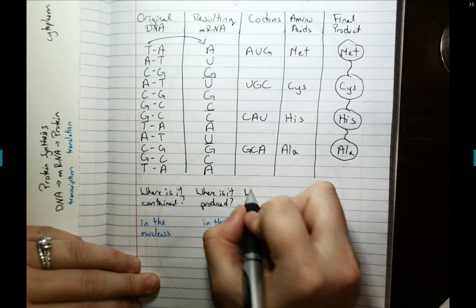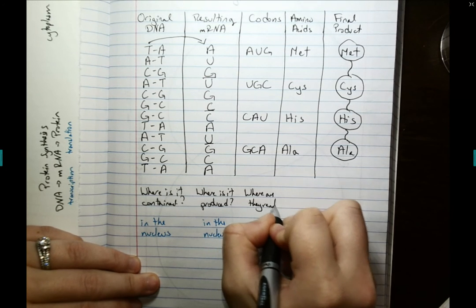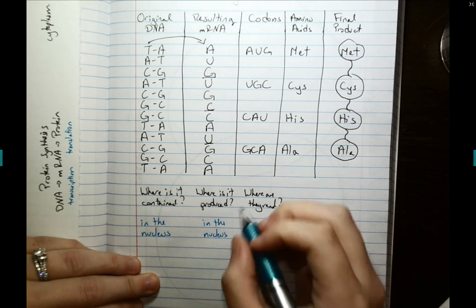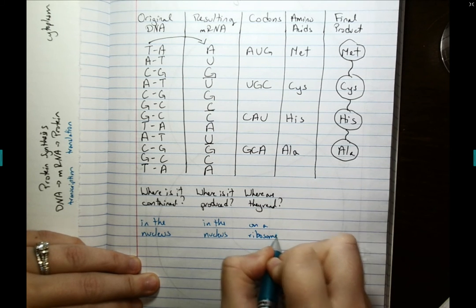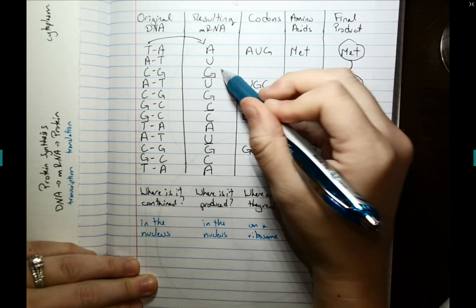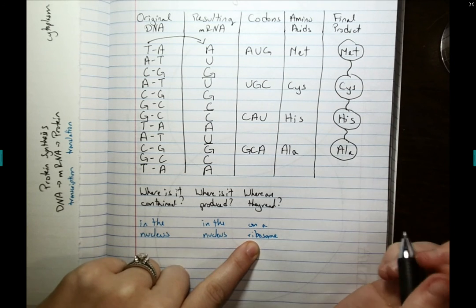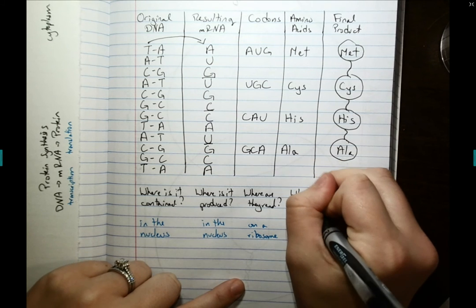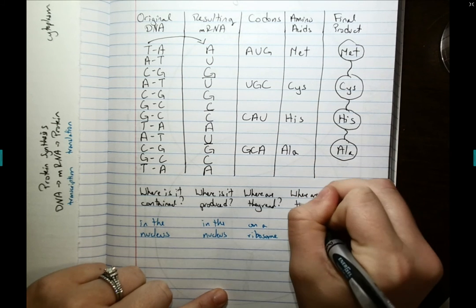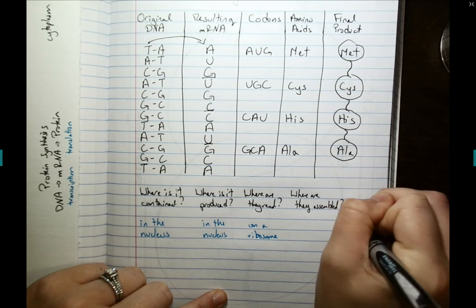Our codons, where are they read? They are read on a ribosome. mRNA leaves the nucleus and heads to a ribosome. The ribosome reads it. Amino acids, where are they assembled?